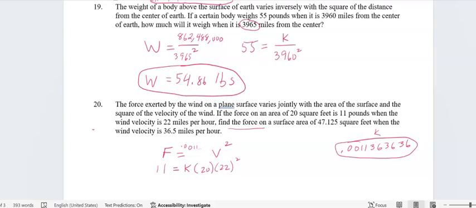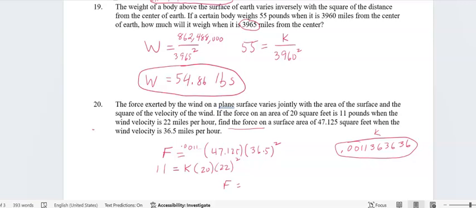Okay, I'll just erase this and give myself a little bit more room. 47.125, and the velocity is 36.5 squared. So all of these three together, multiplied together, will be our answer for the force, and that will be a number in pounds.